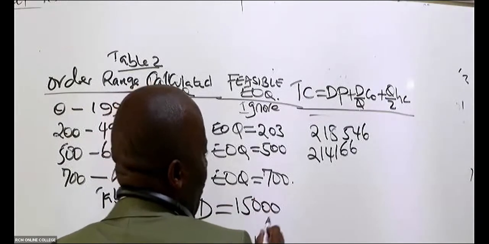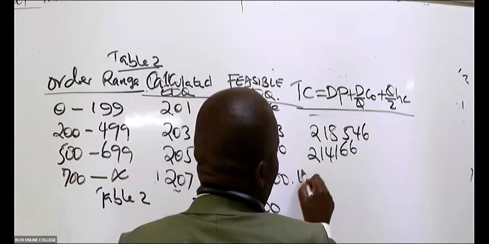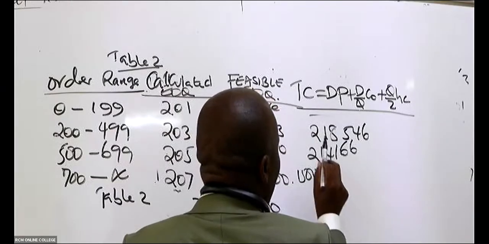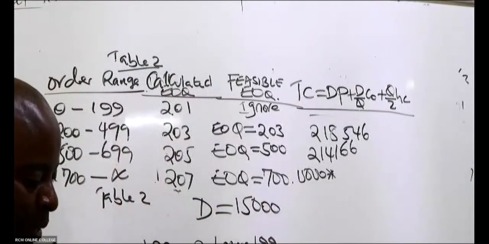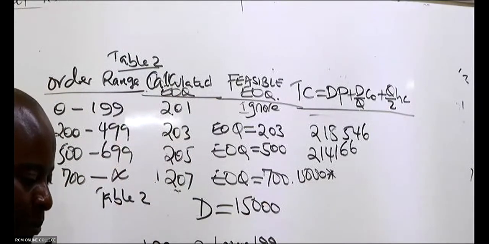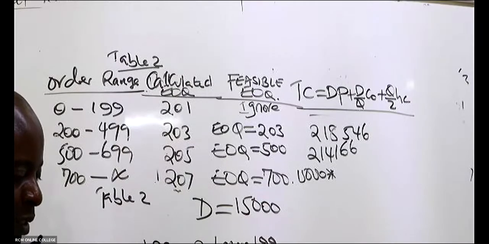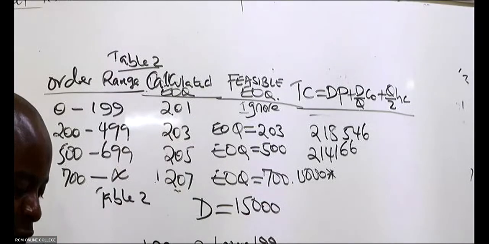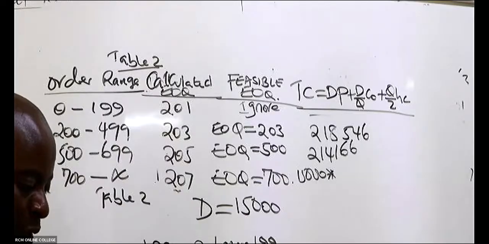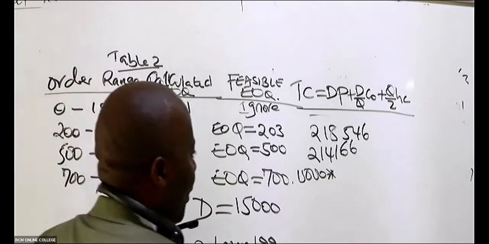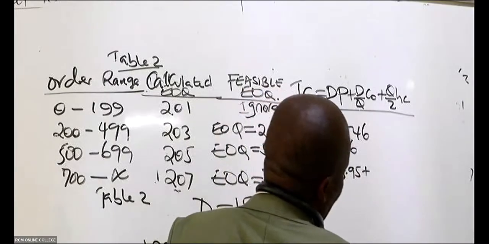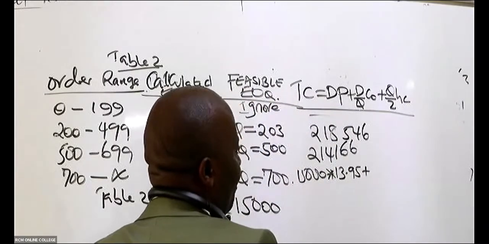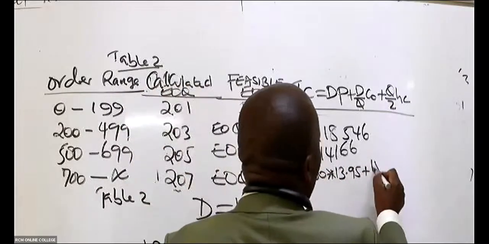For the fourth class evaluation, we're using this formula, 15,000. It's only the price in the fourth class from your table 1 that I cannot remember. From your table 1 above, what was the buying price? 13.95. Plus, listen here, the annual demand is 15,000.